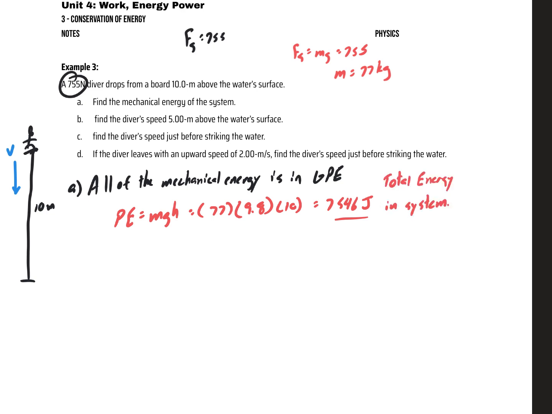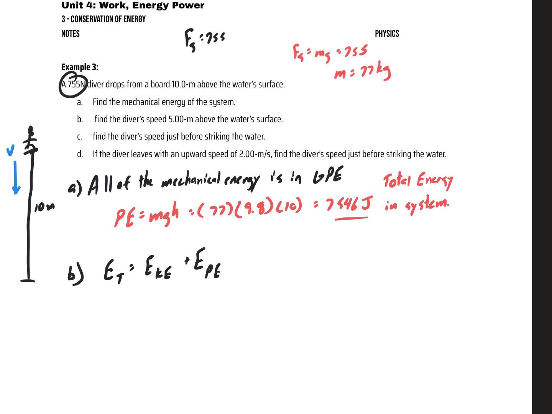What part B asks me to figure out is how fast is he moving 5 meters above the water surface? It's really tempting to just divide it by 2 and then figure that out, but that's not quite how it works. The total energy in the system is going to equal the kinetic energy from him falling plus where he is potential energy-wise.